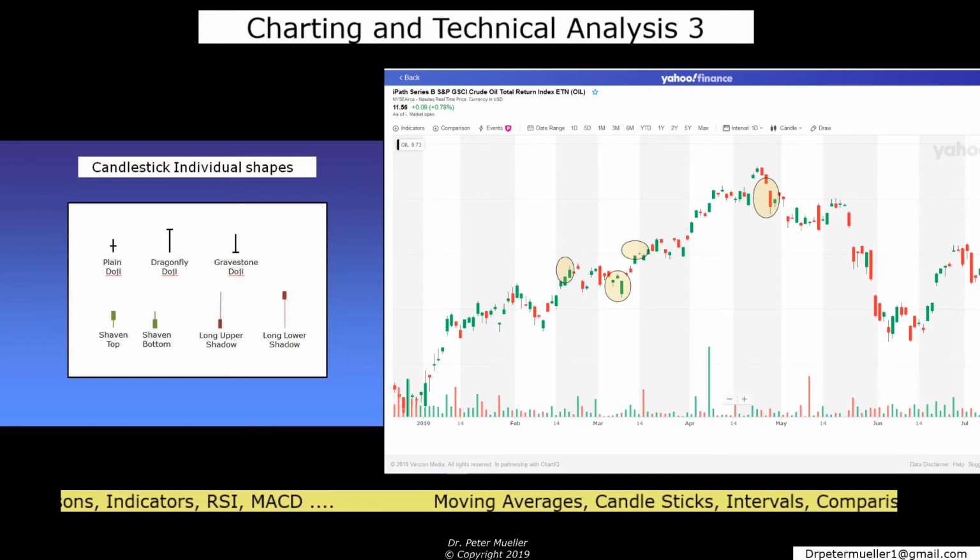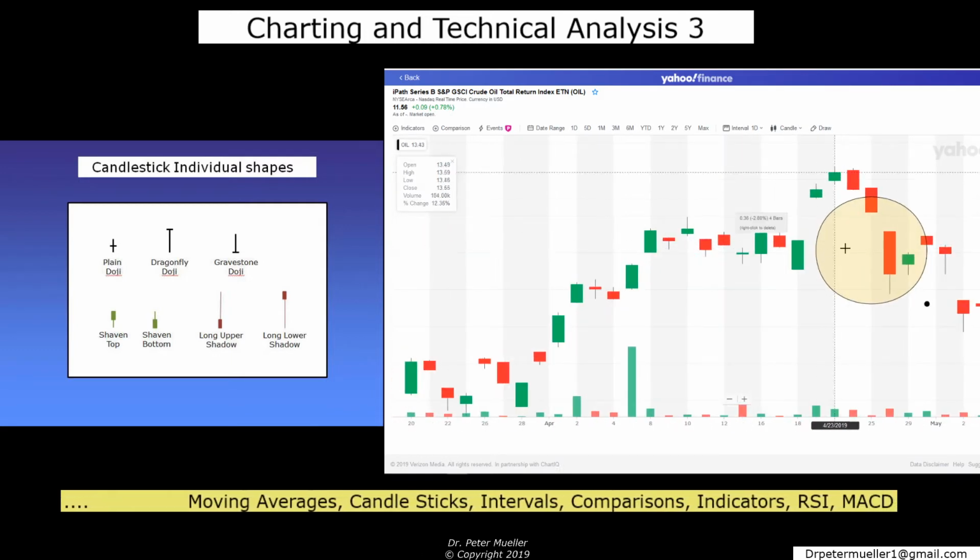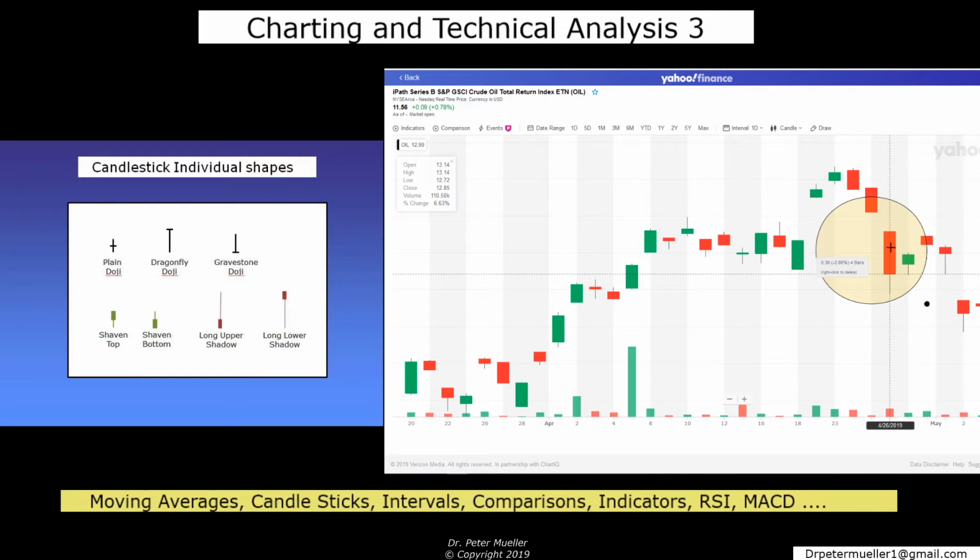Now, the candlesticks on their own, when you look at them, tell you basically the story of what happened during a trading day. For example, let's zoom in and have a look on the right hand side at this one, which essentially says it had a starting price, an opening price, which was up here, and during the day it had a high volatility.